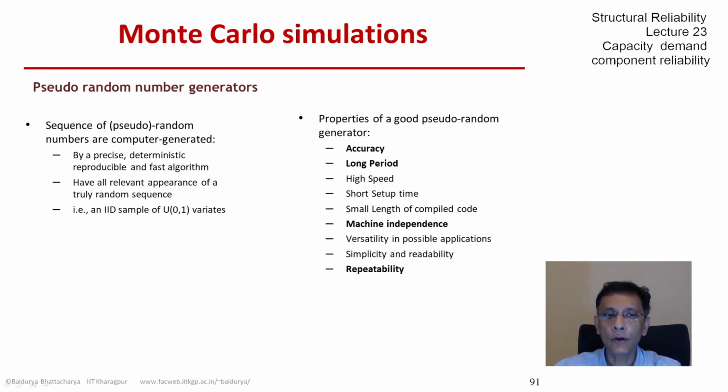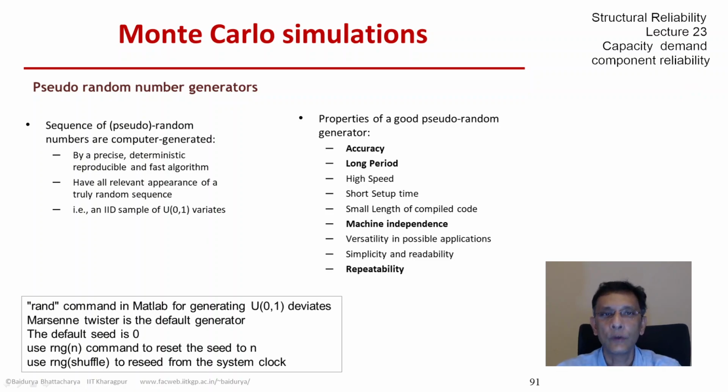We have been talking about Matlab in this course, and RAND, as we have seen already, is the command in Matlab for generating standard uniform deviates. The default generator is the Mersenne Twister algorithm. The default seed is 0.